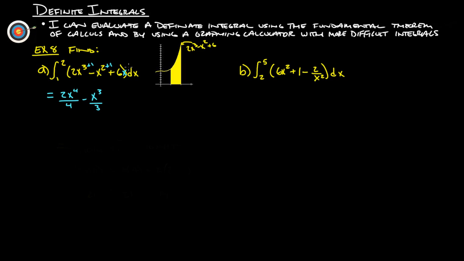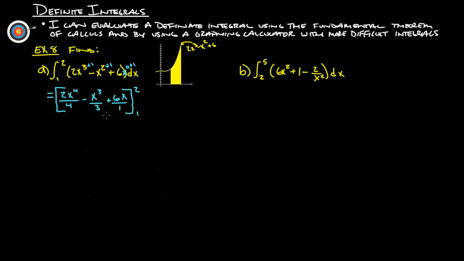And this is x to the 0, plus 1 is plus 6x over 1, plus our constant, right? But on this here, we're going to leave the constant out. And then from our little formula before, we're going to do this from 1 to 2. So that's how we write that.